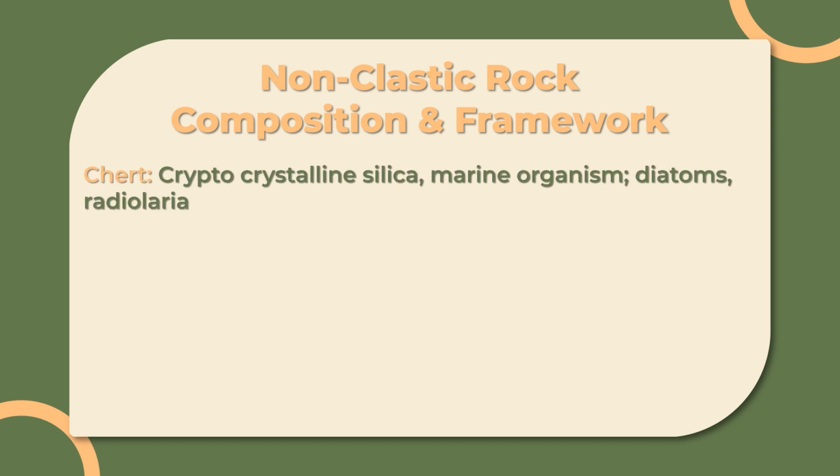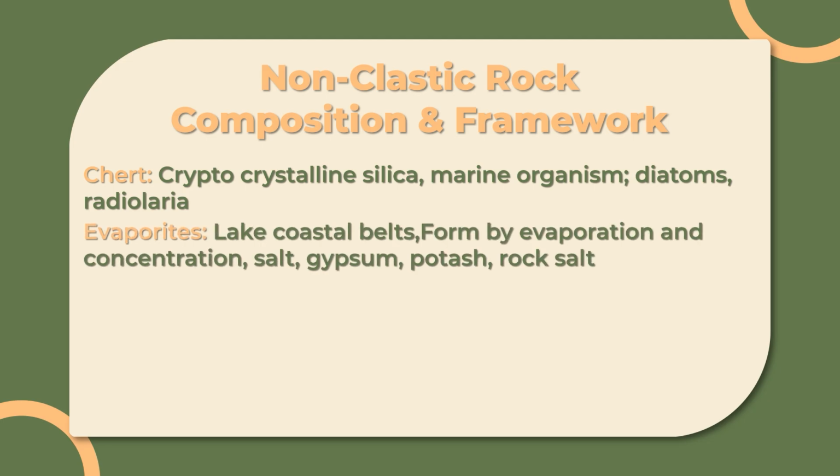The chert is a cryptocrystalline silica formed organically. They form from marine organisms, and are found in diatoms and radiolaria. Then you have evaporites, they form in lake or coastal belts, formed by evaporation and concentration. Salt, gypsum, potash, rock salt, they all form by evaporation.